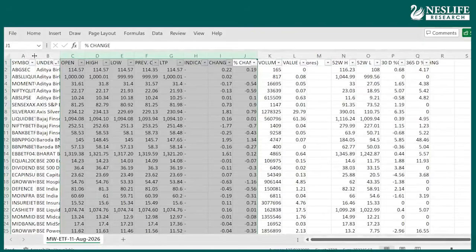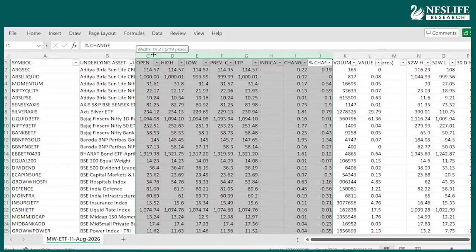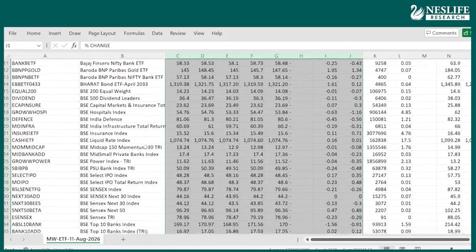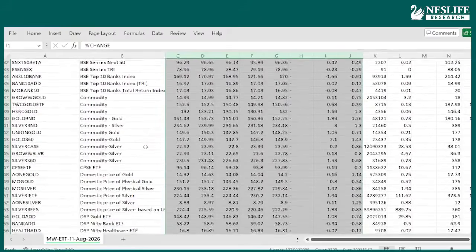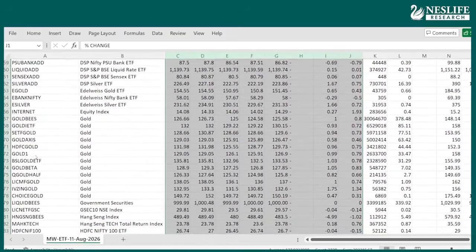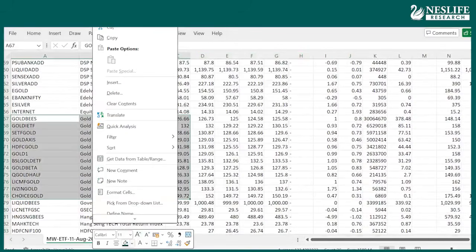Underlying asset means underlying index. I'm showing this because for one index there can be multiple ETFs. So let's see the Nifty 50. In gold, you can see how many ETFs there are. Almost 8, 10 gold ETFs.